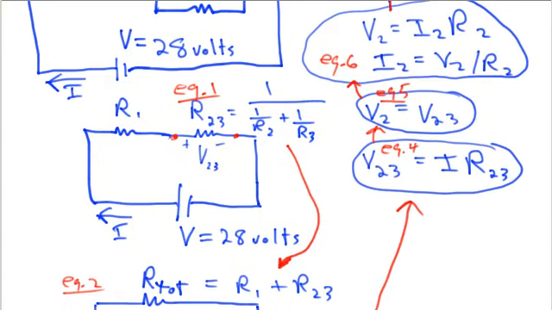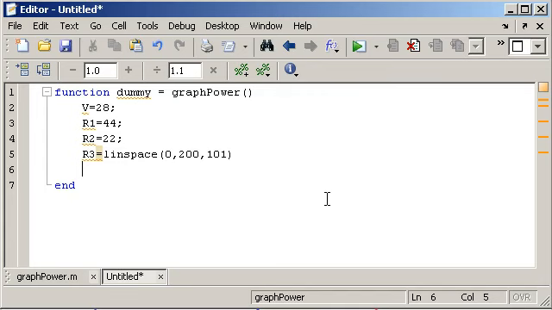Equation 1 is R23, the parallel combination of resistors. R23 equals 1 divided by the quantity 1 over R2 plus 1 over R3. Alrighty.